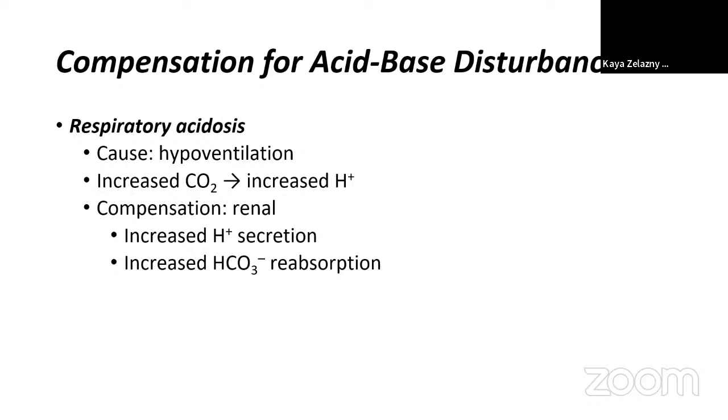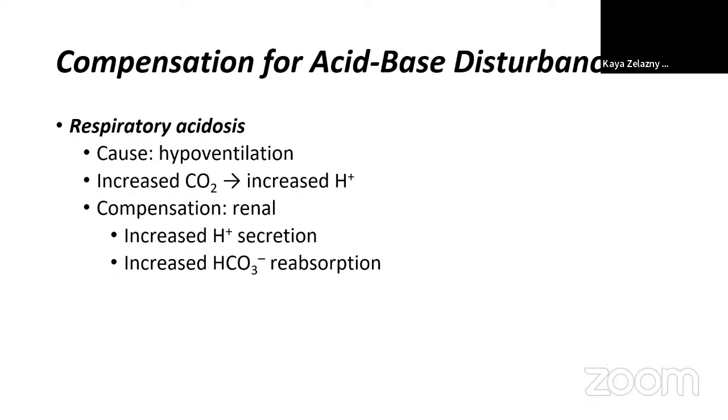So ultimately, keeping too much CO2 in your blood is going to increase the number of hydrogen ions in your blood. And the way we'd want to compensate for that is using a different system. So we'd use renal compensation to adjust for respiratory acidosis. So we're basically going to pair our two systems. Right? If our respiratory system is the problem, our renal system is going to be the solution. So we're going to have renal compensation and vice versa.